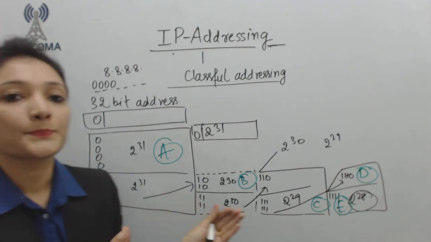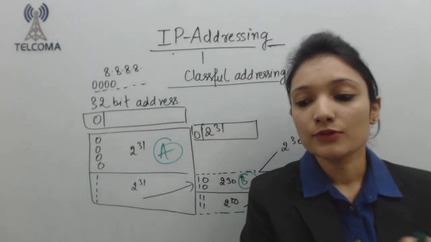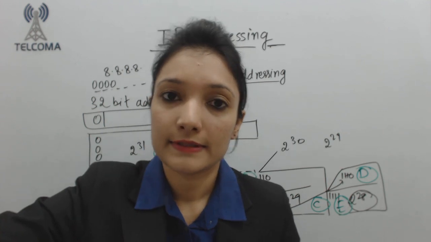That means the IP addresses are divided for each class here.